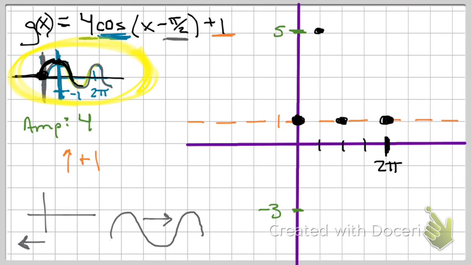And then another quarter, I'm going to be down at my minimum. And then I already know where I'm going to go from there. And now I just get to play connect the dots, using what I know about shape, as much as possible.